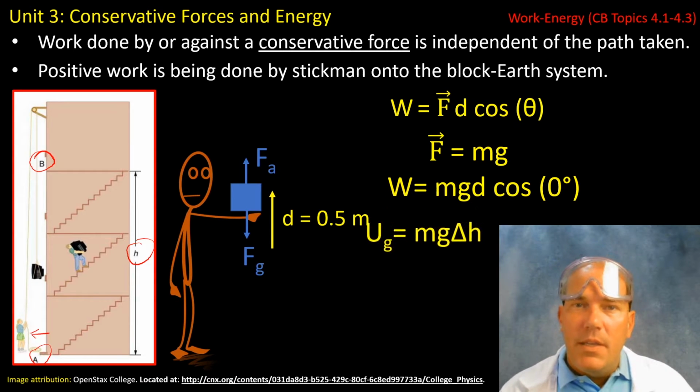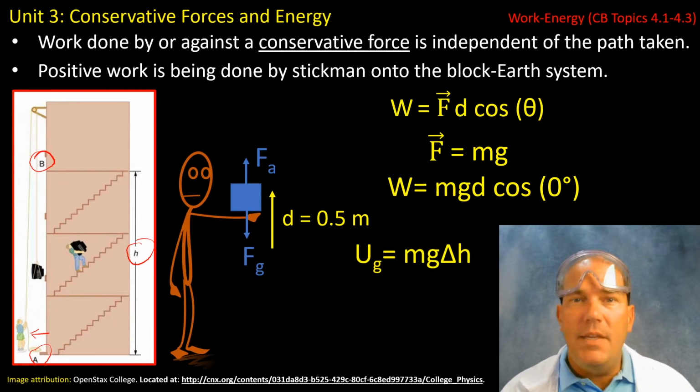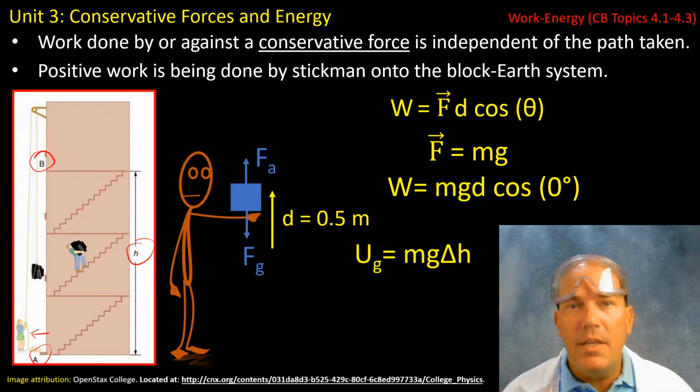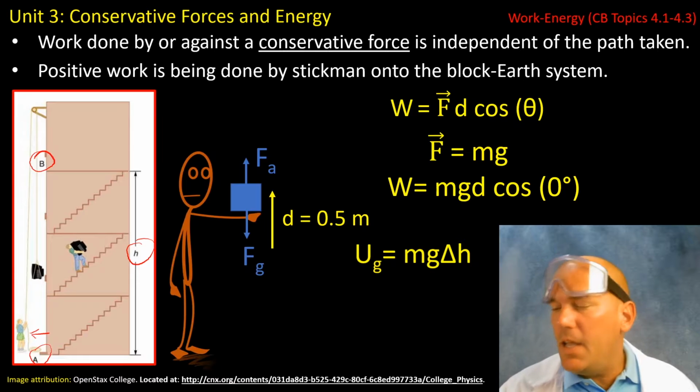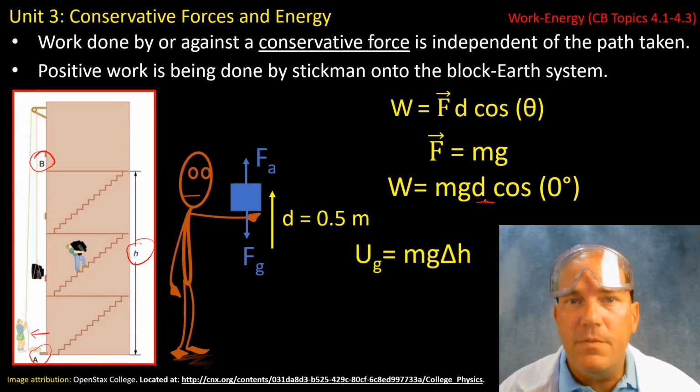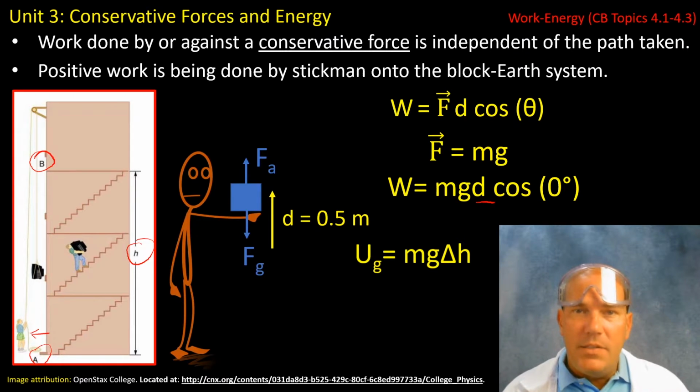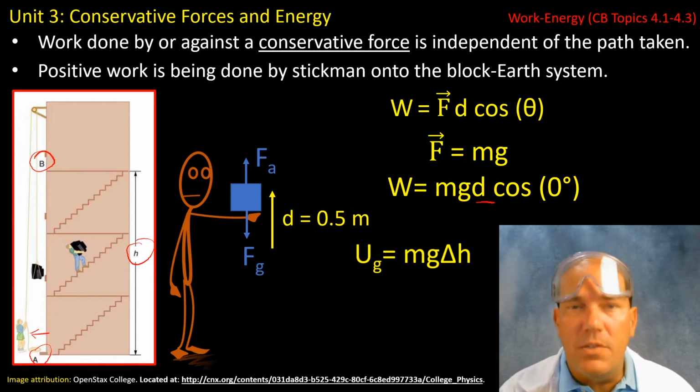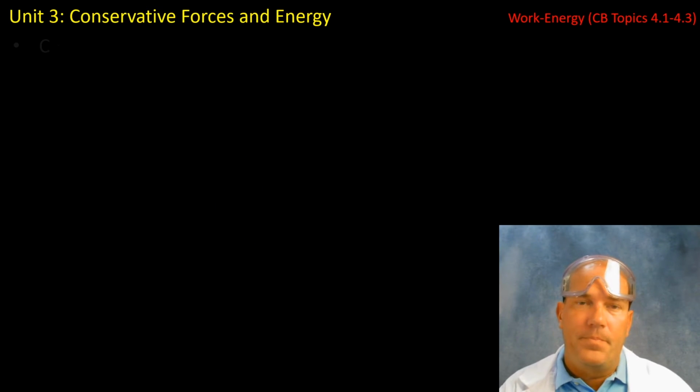That means that we get the fact that the energy is equal to mass gravity and the change in height. Well, the change in height for all practical purposes is this distance the object moves vertically. That is the gravitational potential energy in this system.